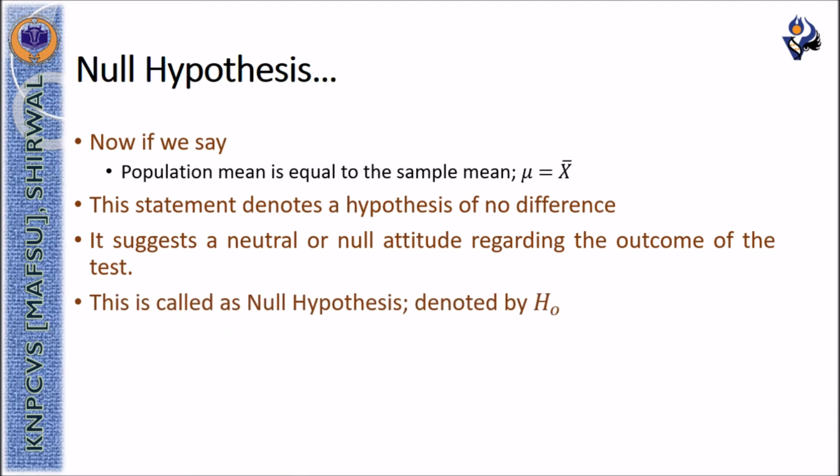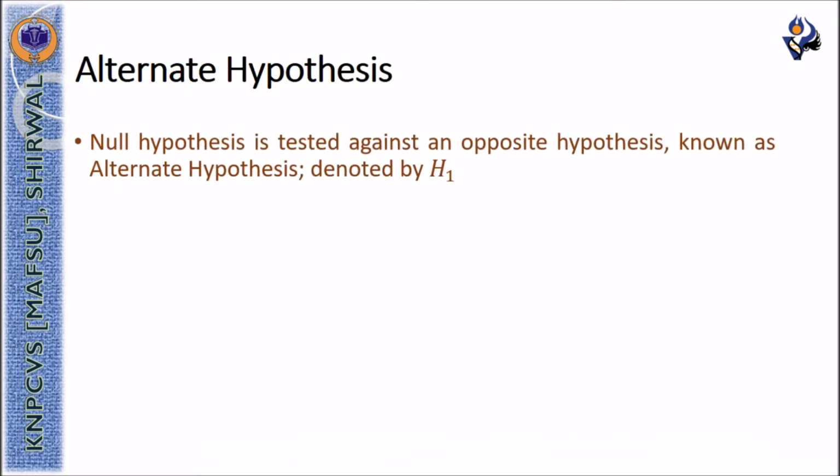This is called the null hypothesis, which is denoted by H0. That is, mu is equal to x bar, that is, mu minus x bar is equal to 0. Null hypothesis is tested against an opposite hypothesis known as the alternate hypothesis, which is denoted by H1.